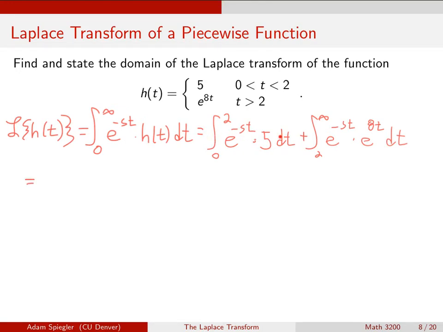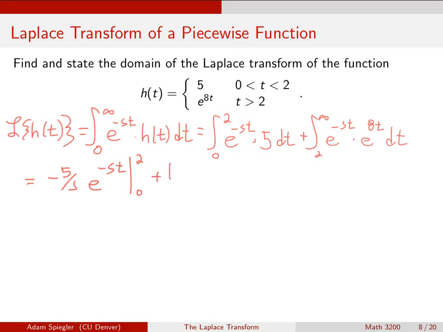So integrating the first one with substitution, here we would get minus 5 over s times e to the minus st, and we are evaluating that from 0 up to 2. And then for the second piece, that one is now going to be our improper integral.